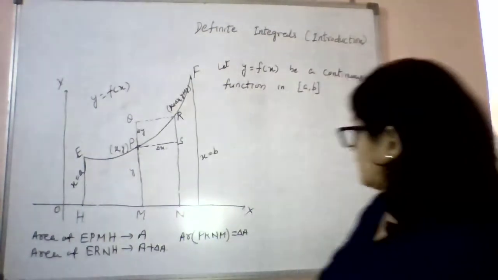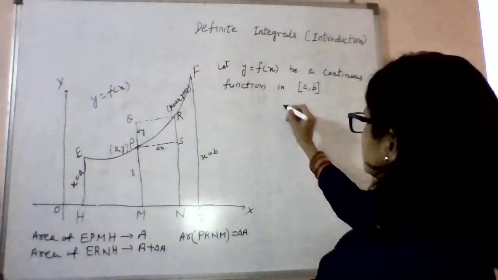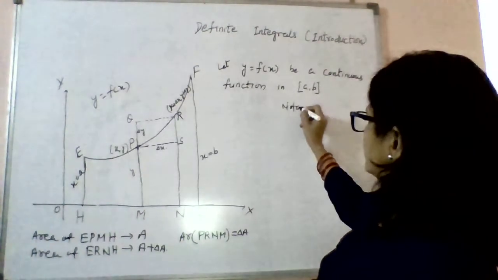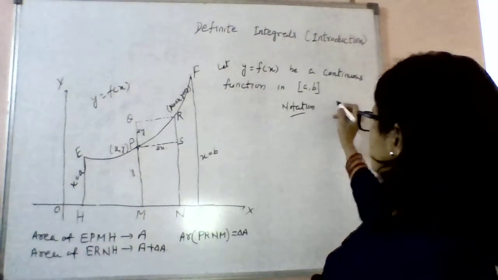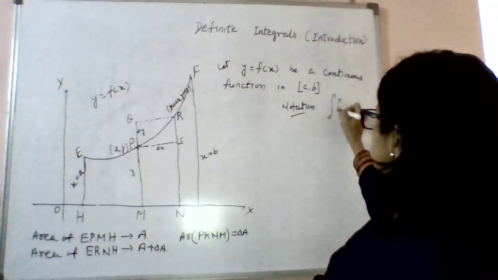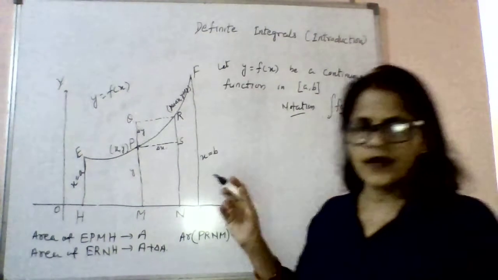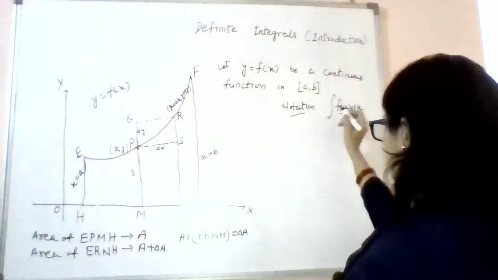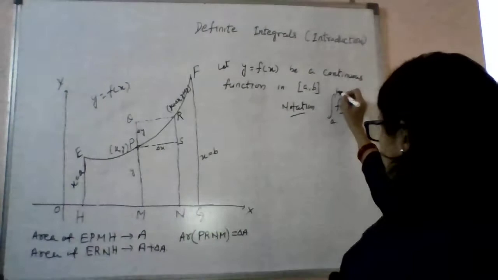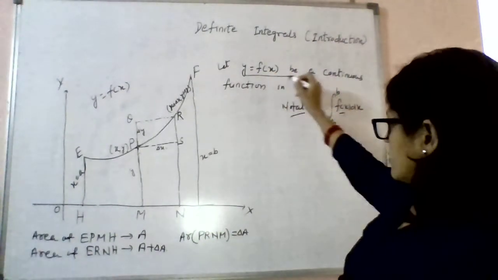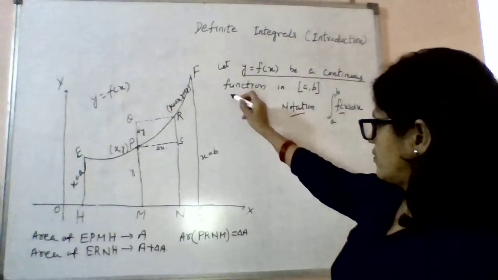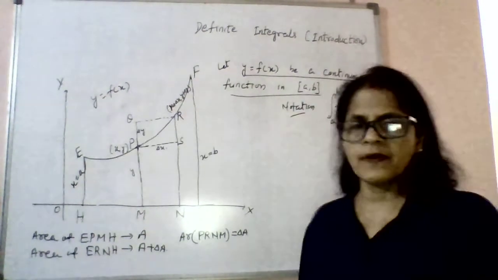So for the definite integral, the notation we use is the integral of f(x) dx. f is the integrand as we know it, and from a to b. So here y equal to f(x) is a continuous function in the closed interval [a, b].